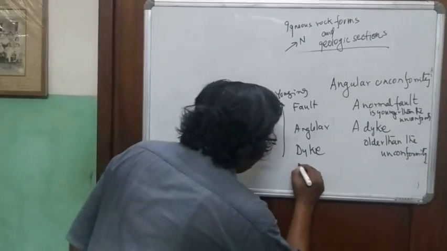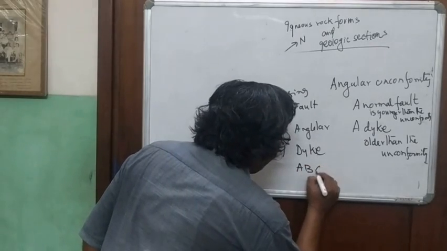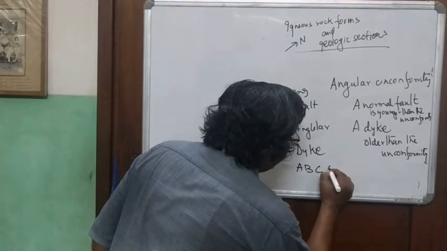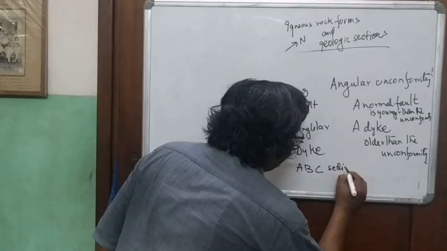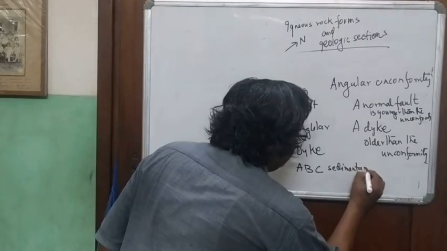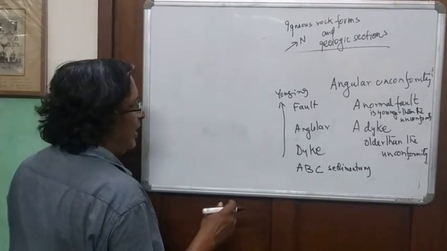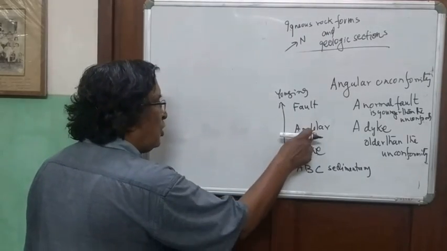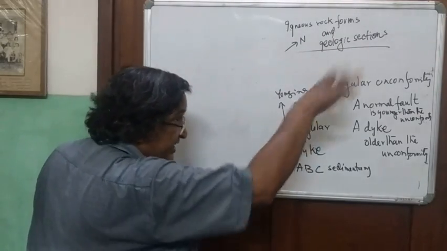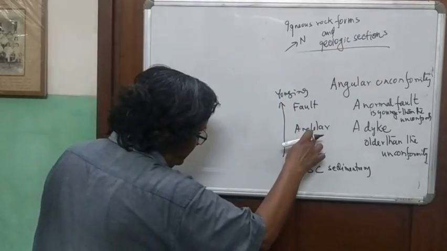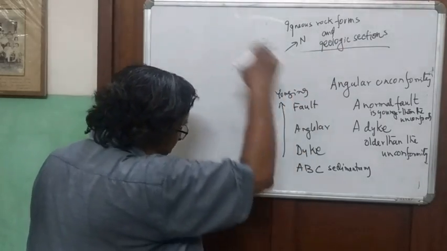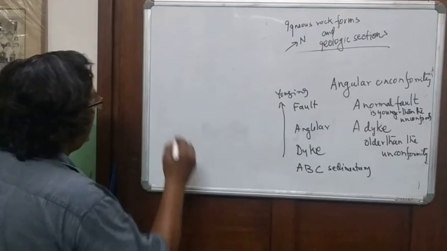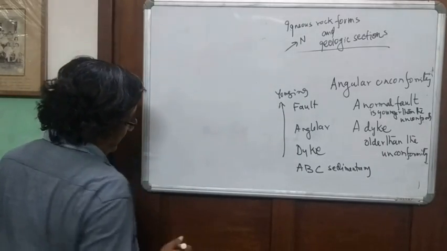So let's say there was A, B and C sedimentary rocks. This sequence was there, into which the dike was intruded, and the dike was older than the unconformity. That means the angular unconformity was not there, and then there's a fault that falls. So how do we draw the geologic section?